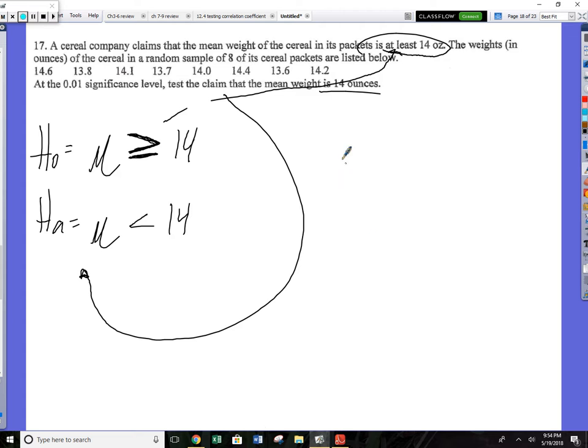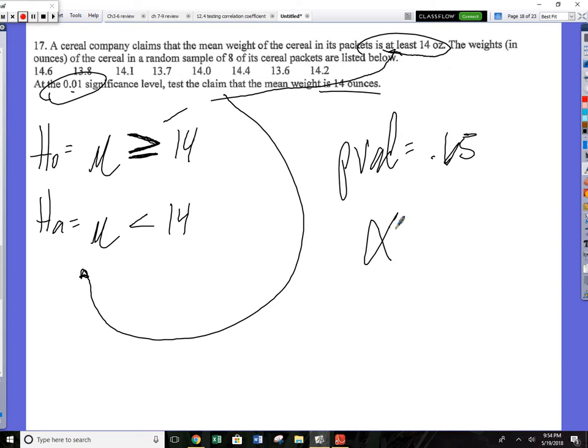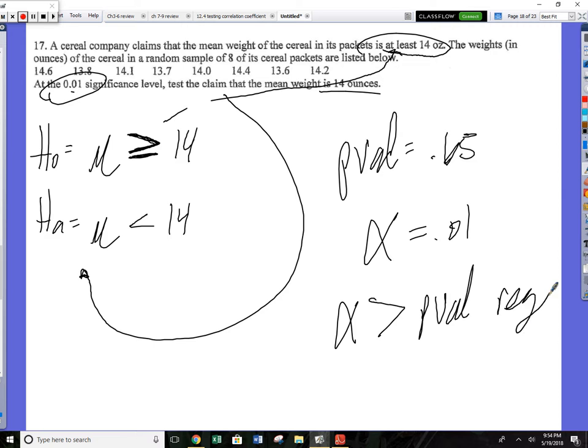So your p-value equals 0.65, and we're testing at the 1% significance. That means my alpha is 0.01, and you just have to memorize this: when alpha is greater than the p-value, then you reject the null.